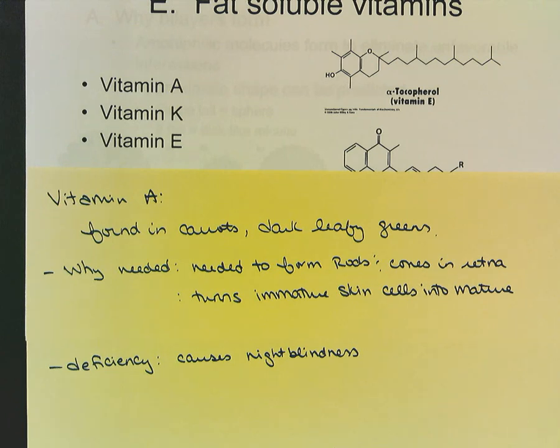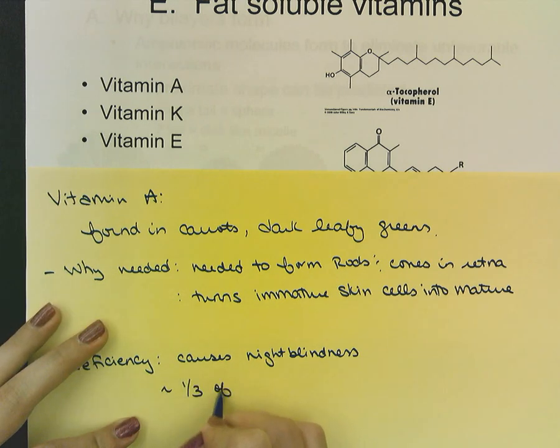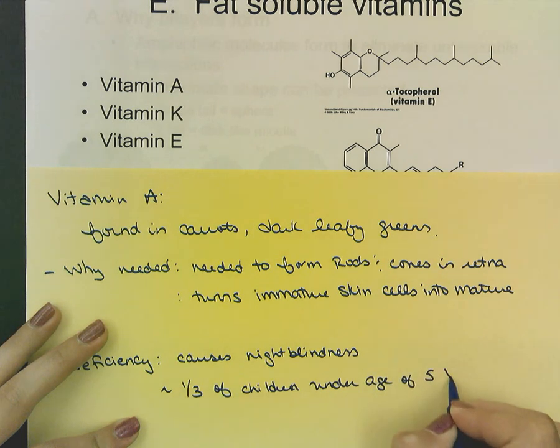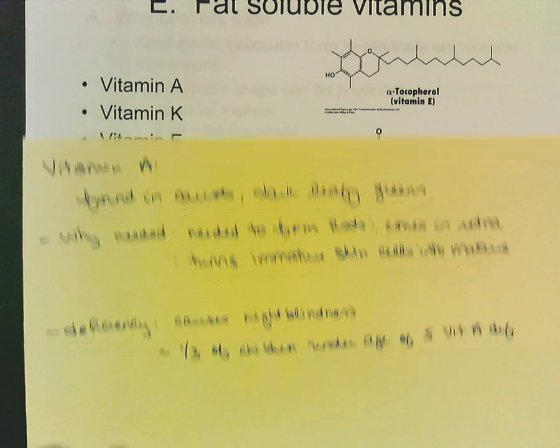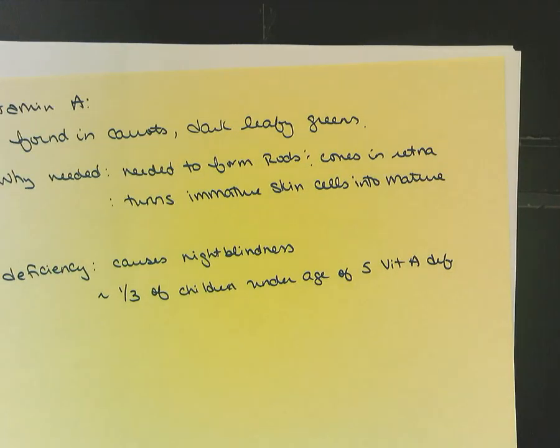Turns out that about a third of the children of the world population are currently vitamin A deficient. About a third of the children under the age of 5 are vitamin A deficient.